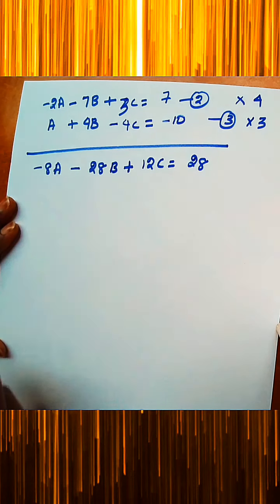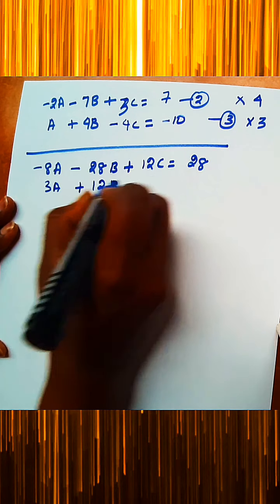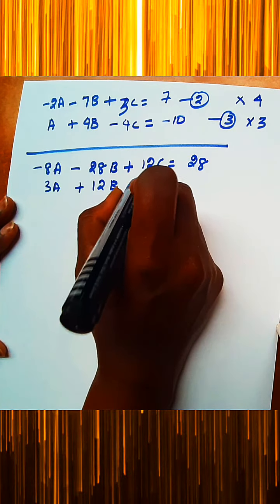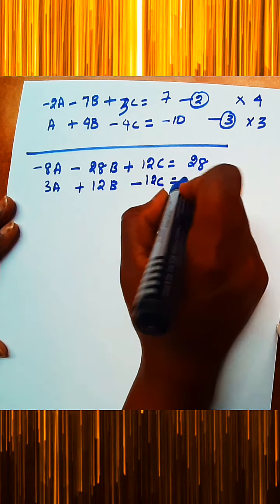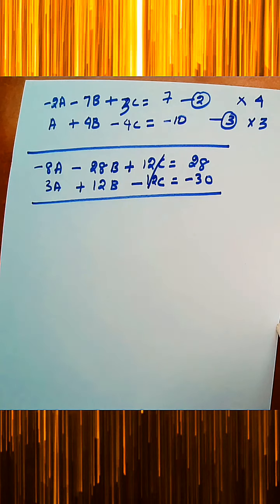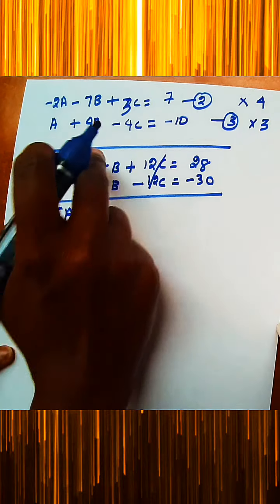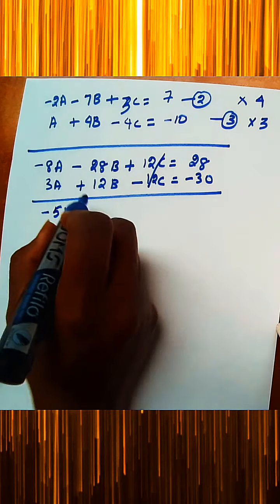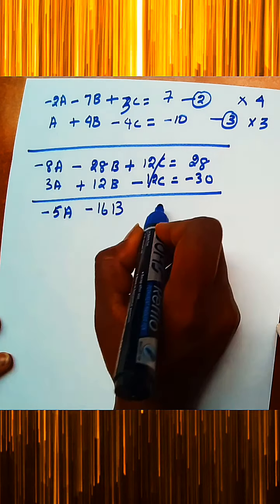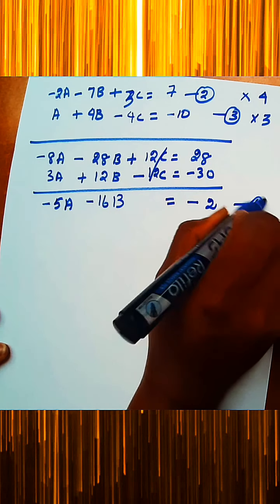Similarly, 3 into a will give you 3a. 3 into 4b is plus 12b. 3 into minus 4 will give you minus 12c, is equal to 3 into negative 10, which is minus 30. Don't miss out the minus signs. So plus 12c and minus 12c will get cancelled. Minus 8a plus 3a will give you minus 5a. Minus 28b plus 12b will give you minus 16b, which is equal to 28 minus 30, which gives you minus 2.